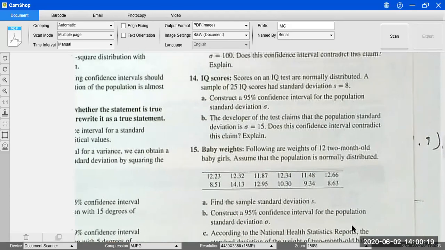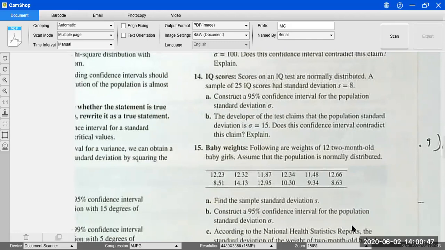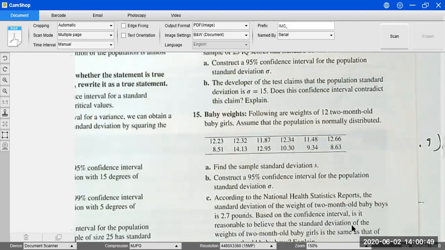So 14, you have scores on IQ tests are normally distributed. A sample of 25 IQ scores has a standard deviation S equals 8. So they are giving you the standard deviation. Remember, if you need the variance, you're going to square this value. The variance is going to be 64. So you're going to construct a 95% confidence interval for the population standard deviation. And then we have problem 15, baby weights.